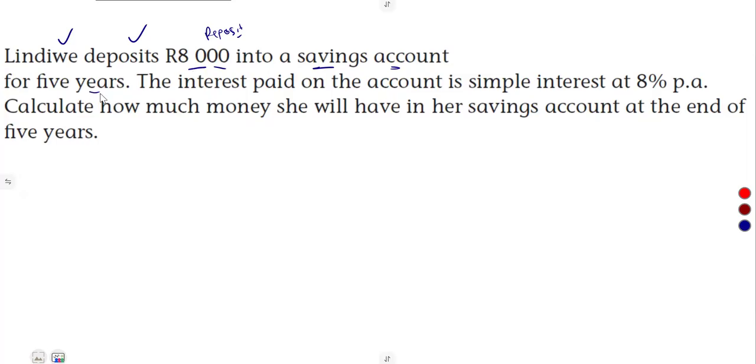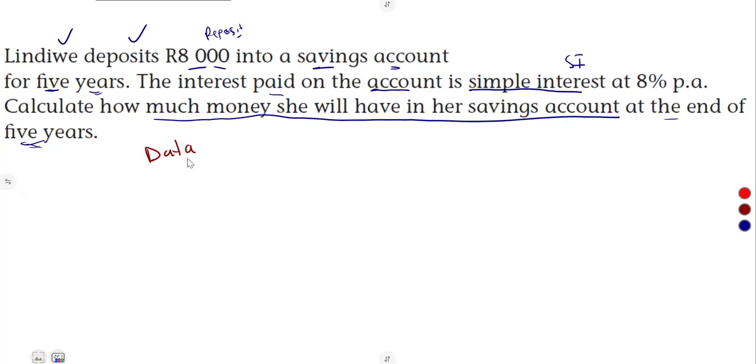For 5 years, the interest paid on the account is simple interest at 8% per annum. Calculate how much money she will have in her savings account at the end of 5 years. It is just like that one of a loan. You can also do it as a deposit. You deposit something, then you wait for a number of years. So still it is the same thing.